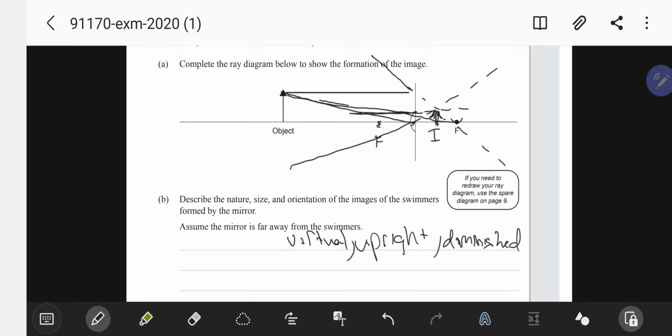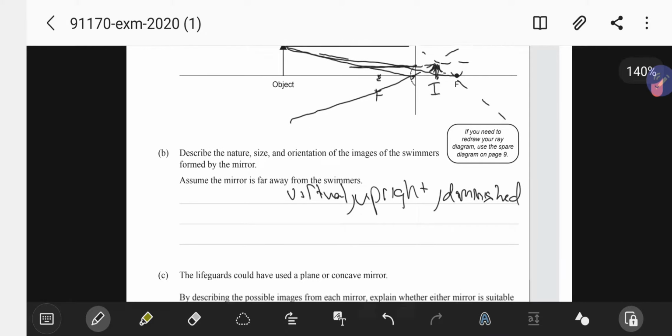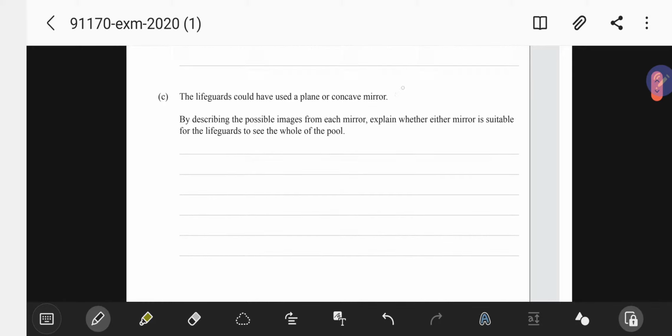You can see that it's upright and diminished, and upright images are virtual, and for convex mirrors the focal point is negative, so it's going to be a virtual image. The lifeguards could have used a plane or concave mirror.